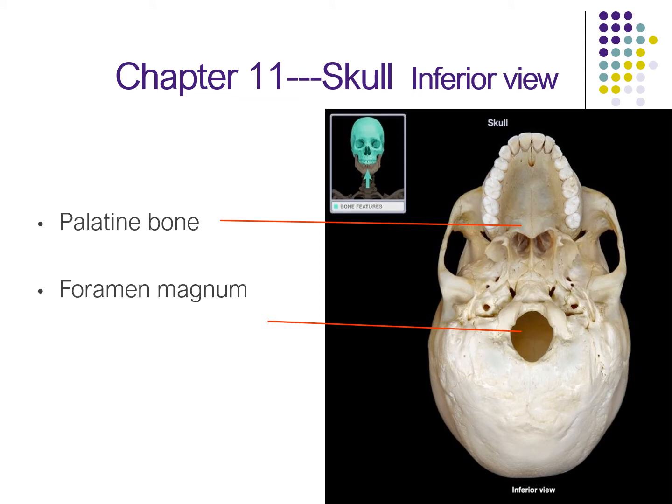Those are the only ones that you are expected to know on the top portion. For the bottom, you are looking at the palatine bone, which is right there, and the foramen magnum. The foramen magnum is where the vertebral column connects and what makes us bipedal.